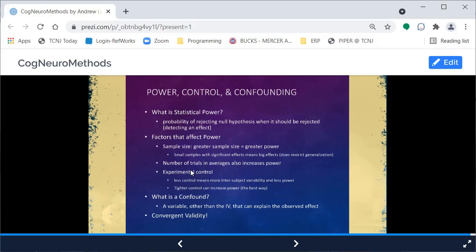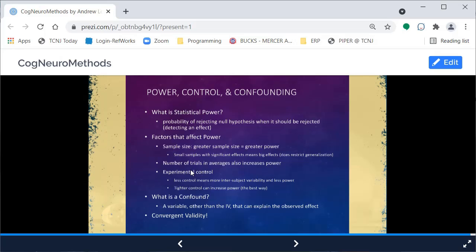This is an easy way to boost your power, and it's used quite commonly in other areas where getting data from individuals is less costly. If you're in social psychology, you might have really large sample sizes of 200, 300, 400 people. If you're doing correlational studies, it might even be more than that, on the magnitude of thousands of people that complete your surveys or give you data in whatever way.